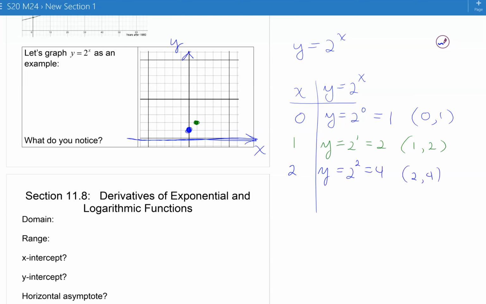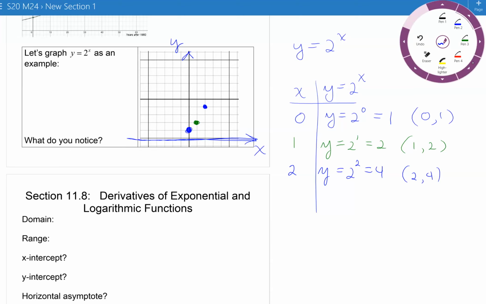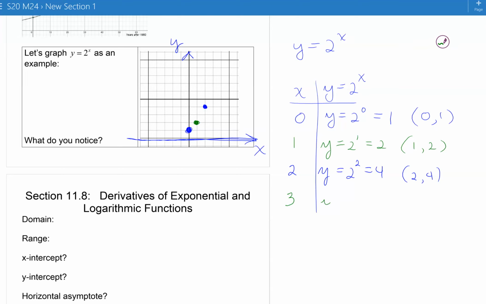And if you're seeing a pattern here, this is called the doubling function. So there's definitely a pattern going on. So then when x is 3, y is going to be 2 cubed, which is 8. So the point 3, 8 will be on my graph.